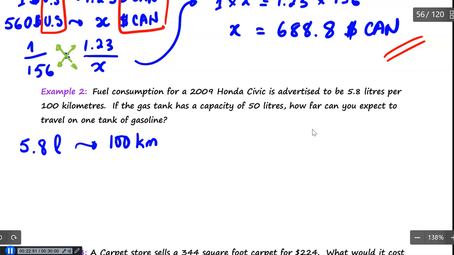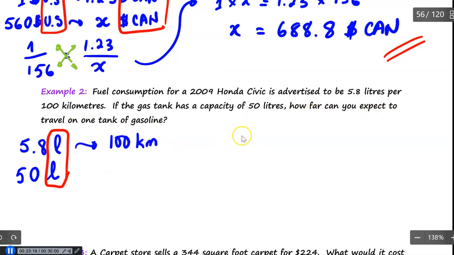Now I read the next sentence. If the gas tank has a capacity of 50 liters, I am going to list this 50 liters underneath the 5.8 because then I will have the same unit: liters and liters. The next sentence asks, how far can you expect to travel on one tank of gasoline?